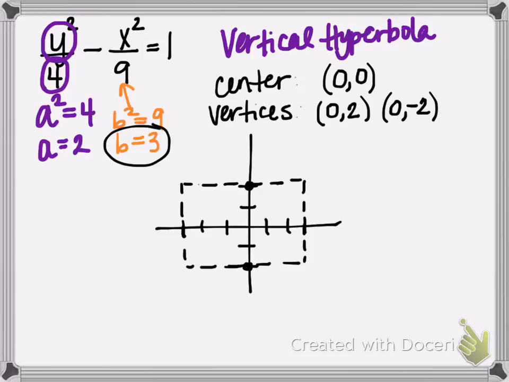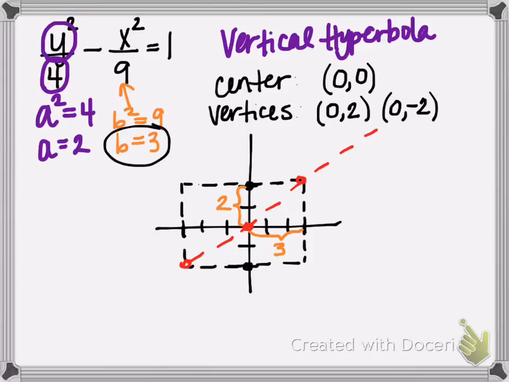So again, if you'll notice, I'll label everything here. We went to the right a distance of 3, that was my b value. We went up a distance of 2, that was my a value. And this rectangle is just an easy way for you to graph the asymptotes. So if you connect the corner of the rectangle, the center of your hyperbola, and the other corner of the rectangle, and again, a straight edge would be the best way to do this, so you're not freehanding this like I am.